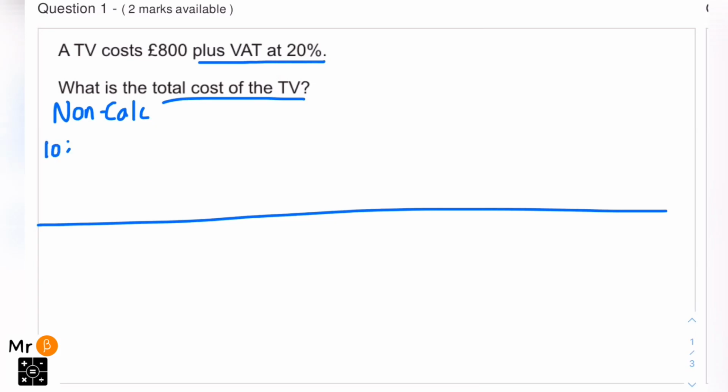So we can do that by finding 10%. And if you remember, to find 10%, you must divide by 10. So if we divide 800 by 10, you get £80.